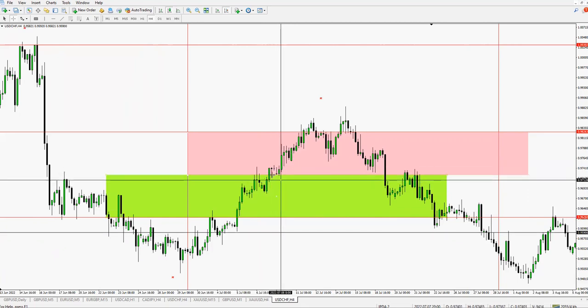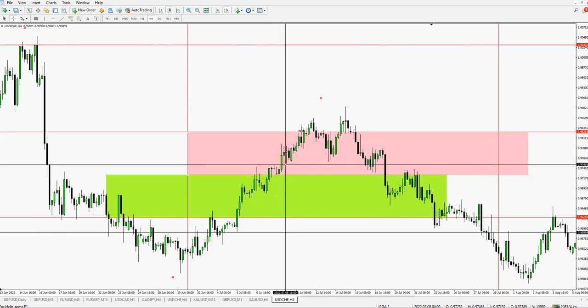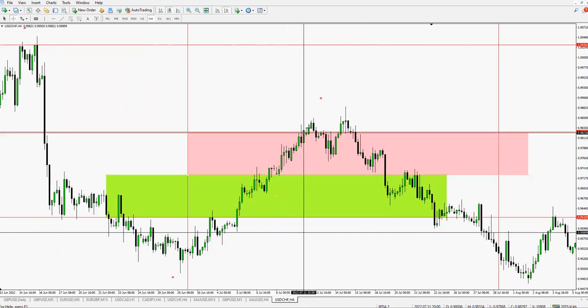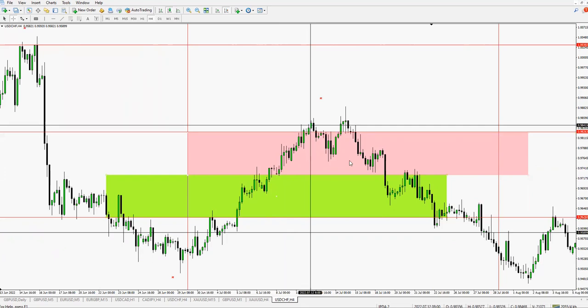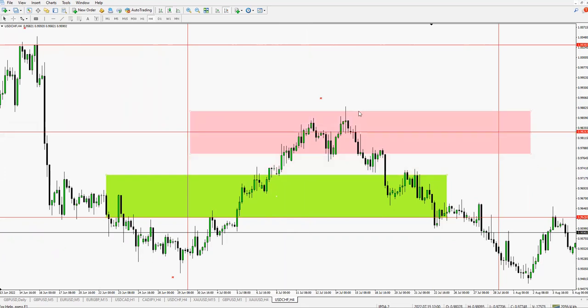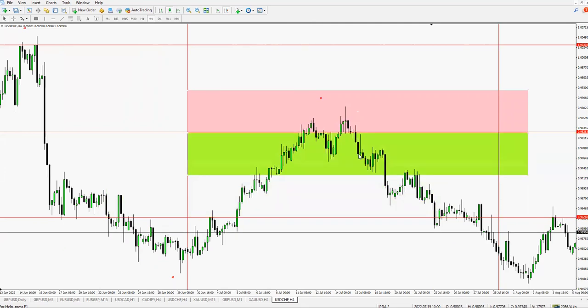So this would be your discount, and then when price exceeds this range over here, you can see it closes outside there. Boom, we move this back up over here, and then this becomes the discount again. So you just move these boxes as price moves around on the 4-hour chart, and each box corresponding to premium and discount would be that given intraday price action's trading range, more or less.